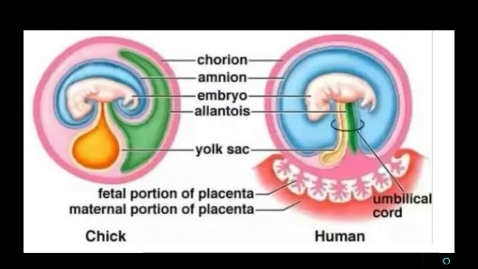See here the blue color. This is a human embryo. This blue colored layer is double layered, no? This is called the amnion. It is closer to the embryo. This is the embryo and this space is filled by the fluid. That fluid is called amniotic fluid.